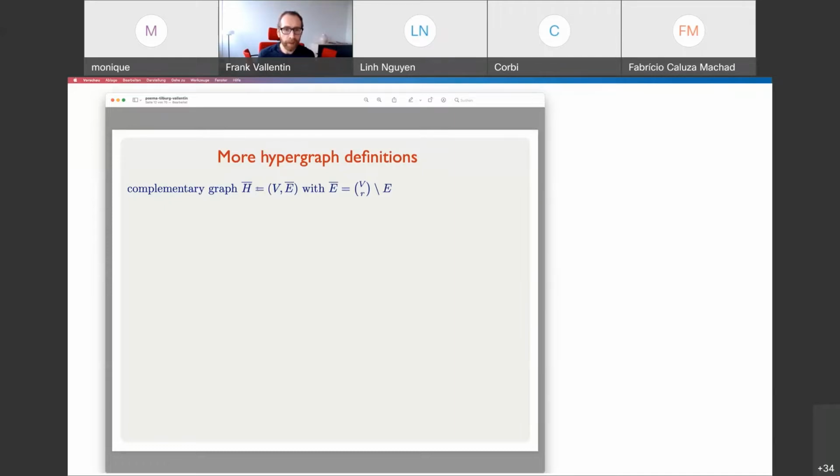So the edge set of the complementary graph is all non-edges of the hypergraph H, so all subsets of V of cardinality r without E. So it's very similar to the complementary graph when r is equal to 2, but now we just do it for arbitrary r.